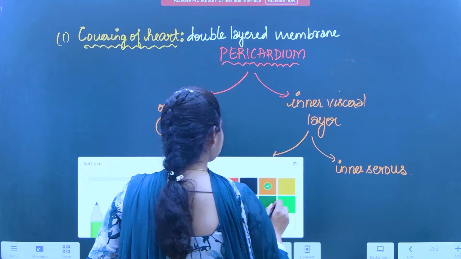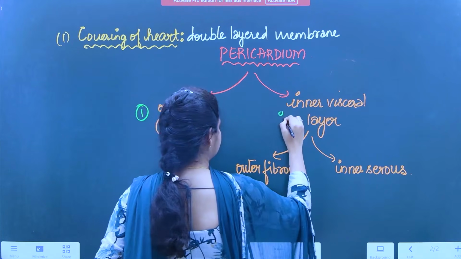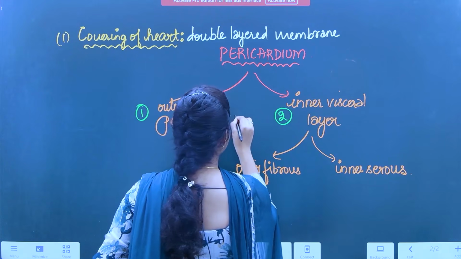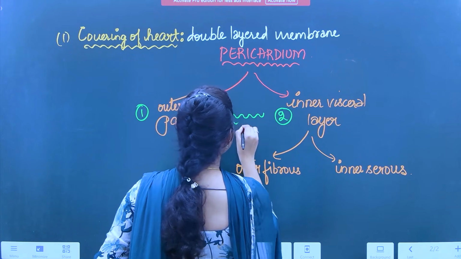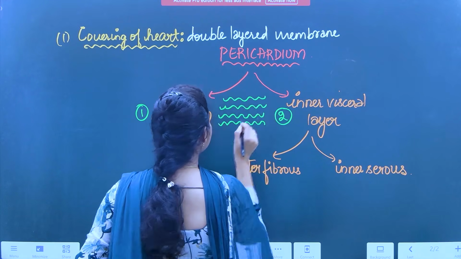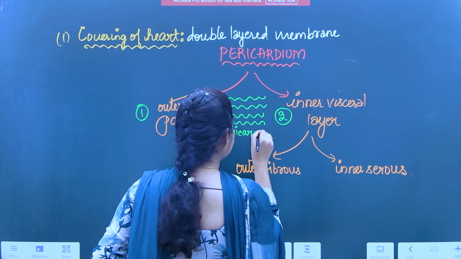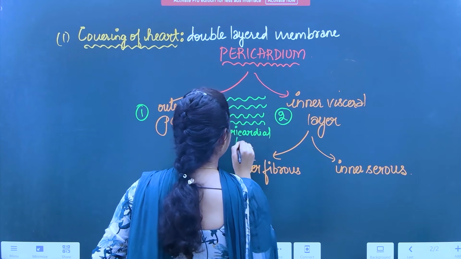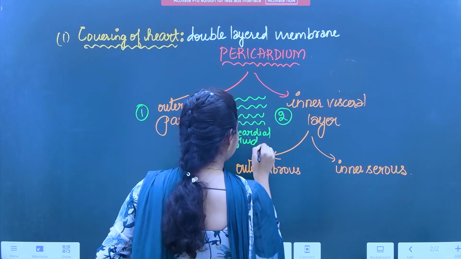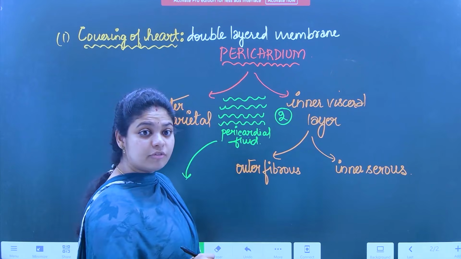Now, in between these two layers, in between outer parietal and inner visceral layer, we are having a fluid which is called pericardial fluid. What is the function of this pericardial fluid?